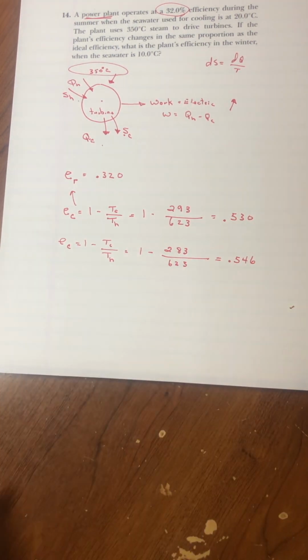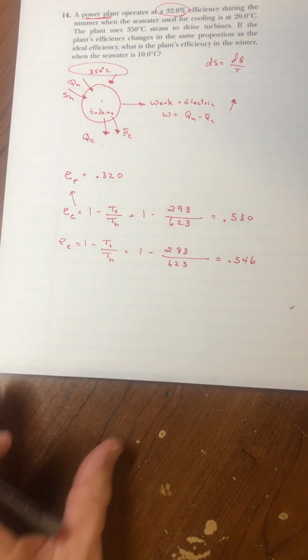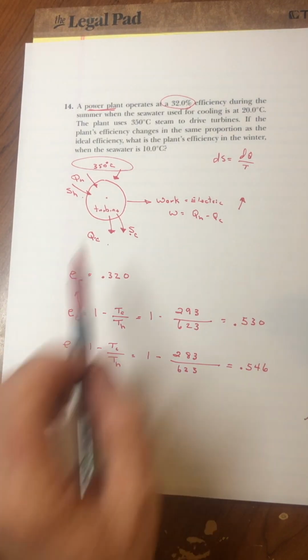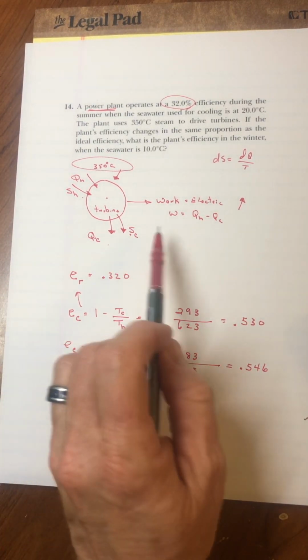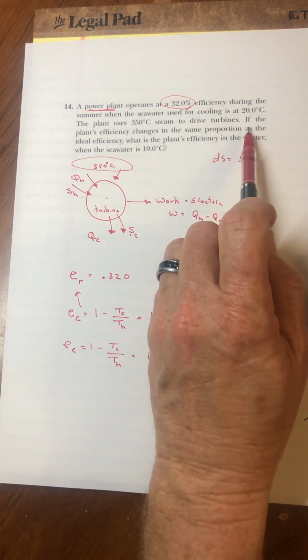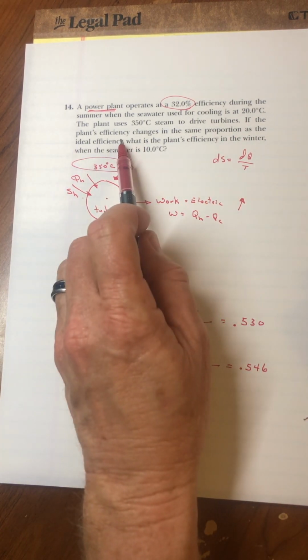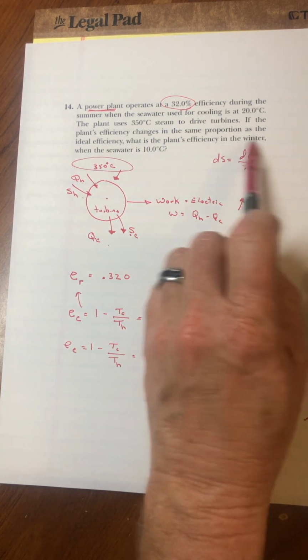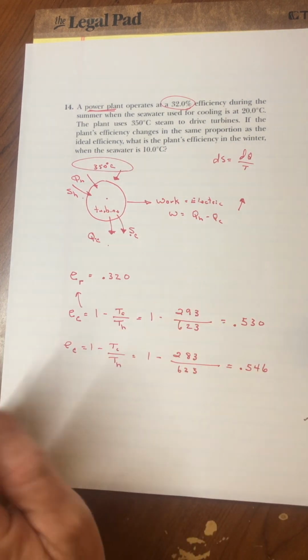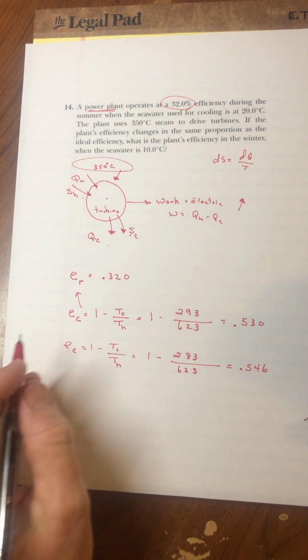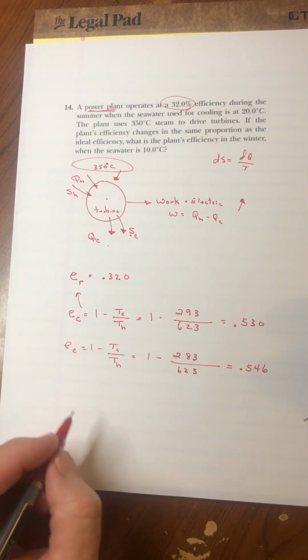So there was a small percentage increase, but what it's saying here is perhaps the real engine would have the same increase. So if the plant's efficiency changes in the same proportion as the ideal efficiency, maybe I would say something like this.